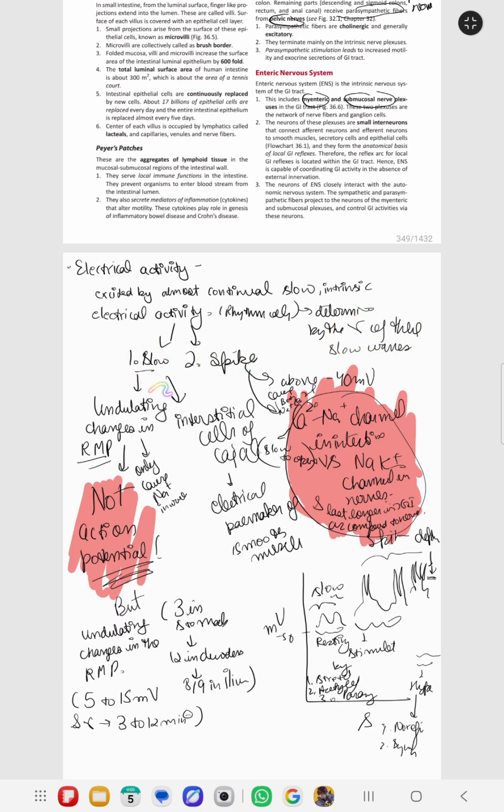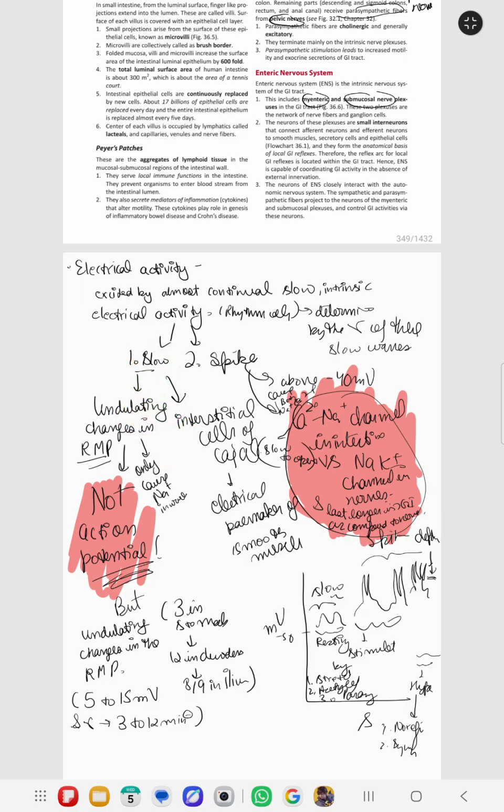These are due to the interstitial cells of Cajal, the electrical pacemaker of smooth muscle. These are undulating changes in RMP, and these are not action potentials. The cause is only sodium.